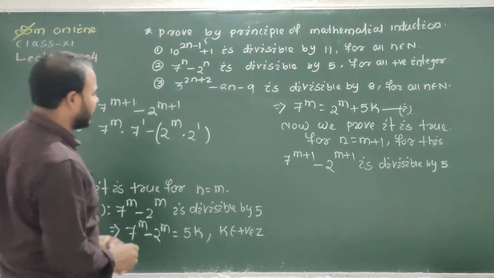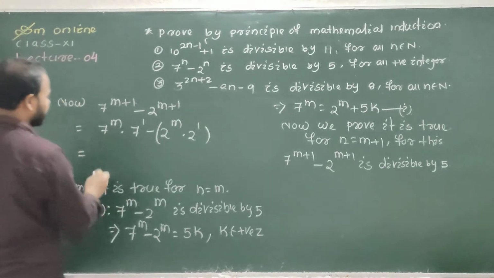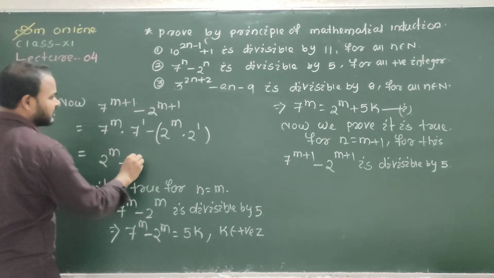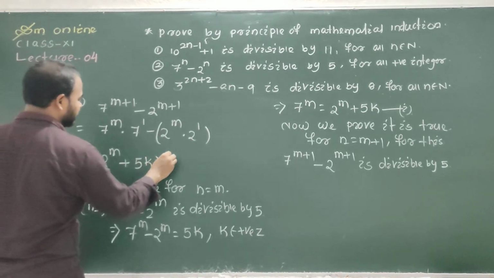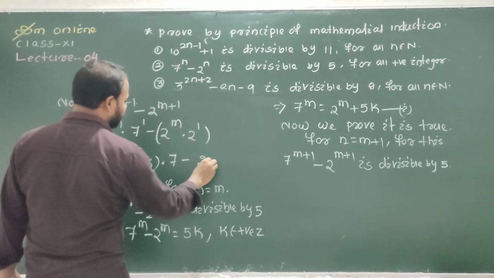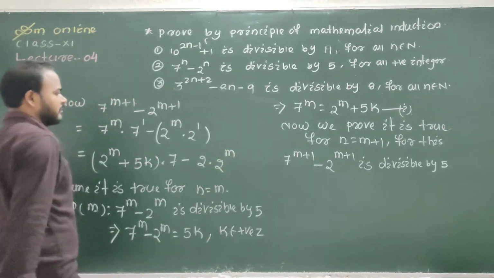Now this is equal to, 7 to the power m equal to 2 to the power m plus 5k, into 7, and minus 2 into 2 to the power m.